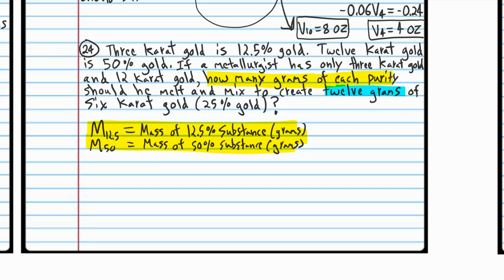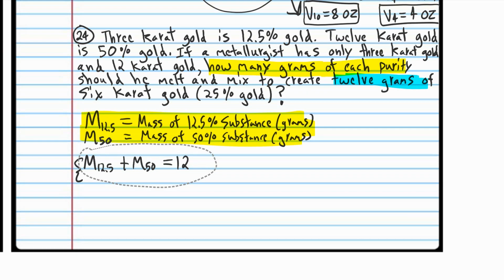We want 12 grams. So that's going to be the easy equation, M12.5 plus M50 is equal to 12.